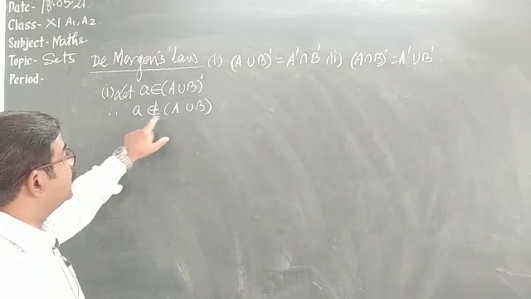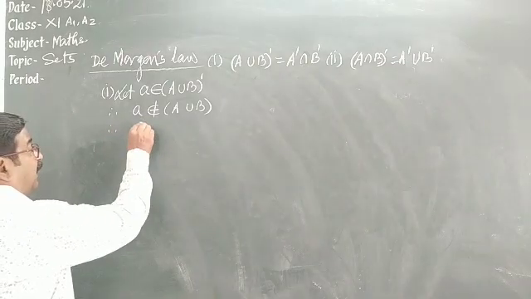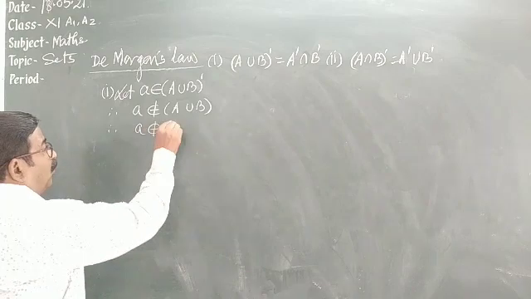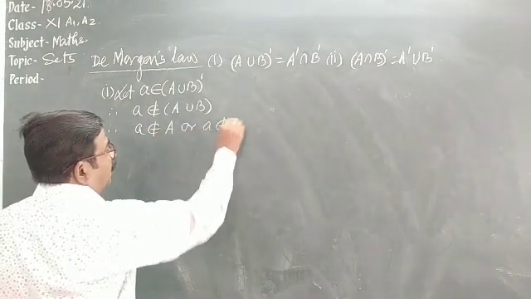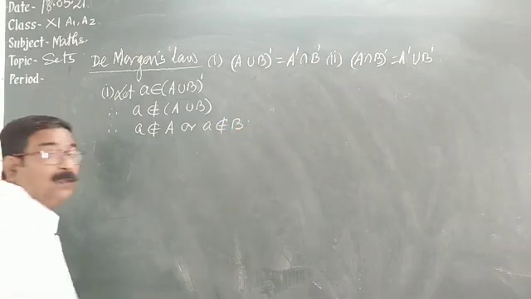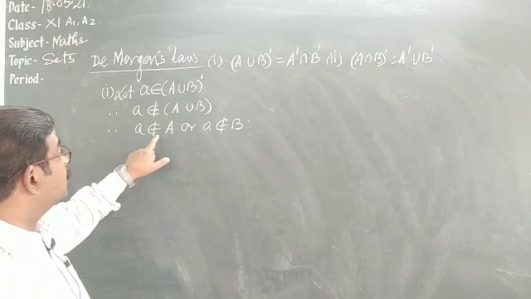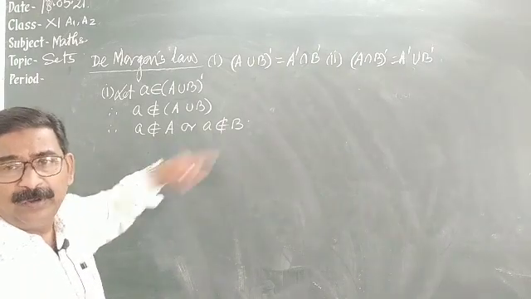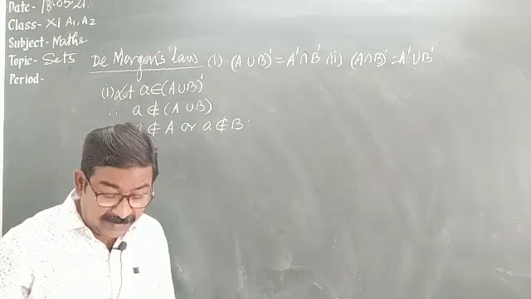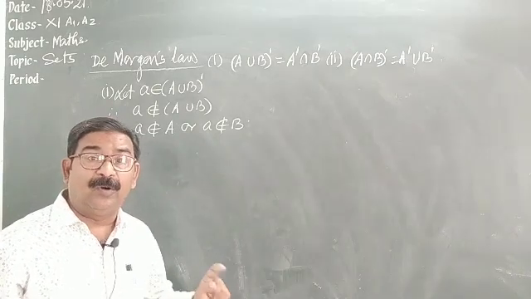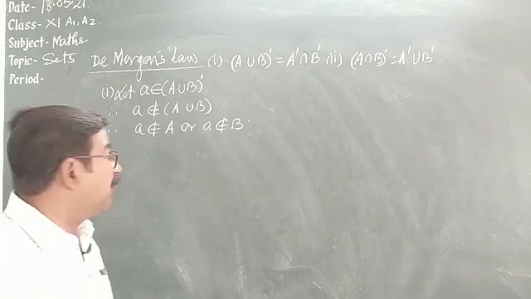So if a is not found in A union B, clearly we can say that a does not belong to A, and a does not belong to B, because a is not found in the union, so it is not found in A or in B. And I told you that if an element is not found in a set, it will be found in its complement.